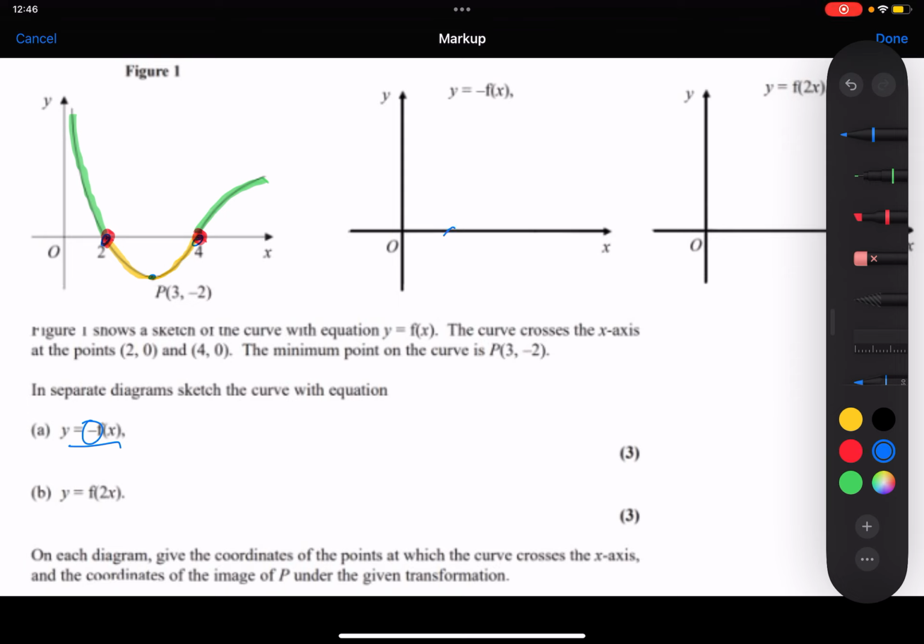So my roots are still going to be 2 and 4. My turning point is now going to be at 3, +2. And so it's now going to look something like this. It's basically a reflection in the x-axis.